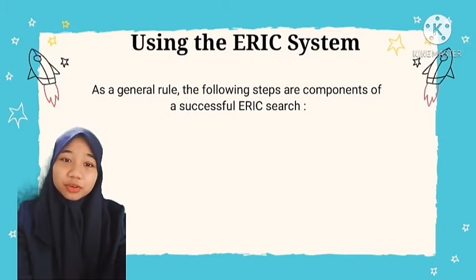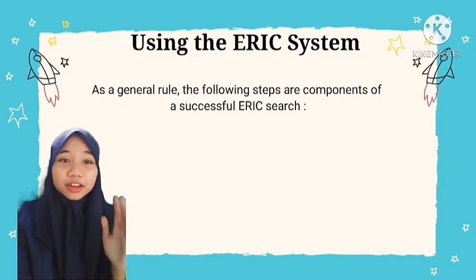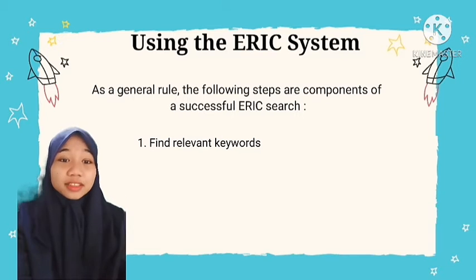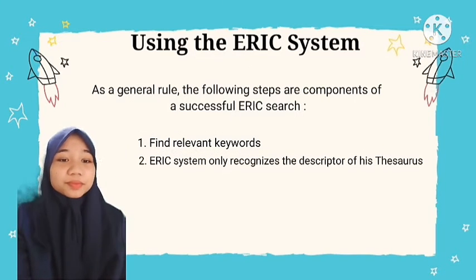As a general rule, the following steps are components of a successful ERIC search. 1. Find relevant keywords, which usually include the population and variables you have identified in the problem statement. 2.